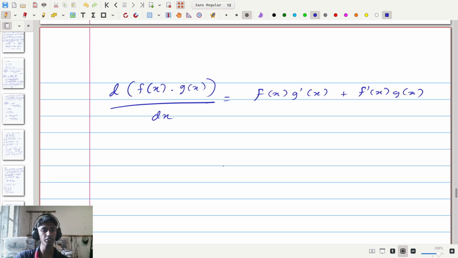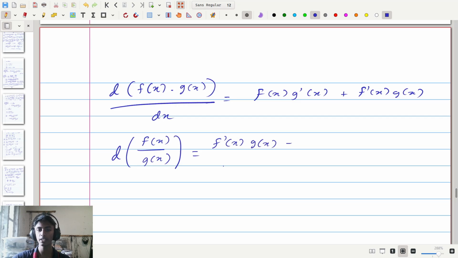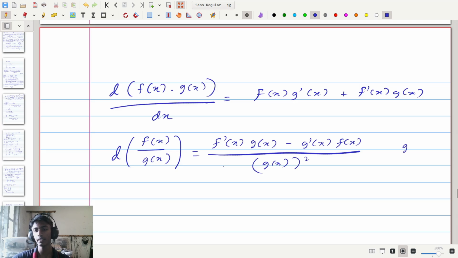And then we also discussed the quotient rule, which is the derivative of f of x divided by g of x, which is equal to f dash x g of x minus g dash x f of x, divided by g of x squared, provided that g of x is not equal to 0, because otherwise we would be dividing by 0. So provided that g of x is not equal to 0, this equation holds.